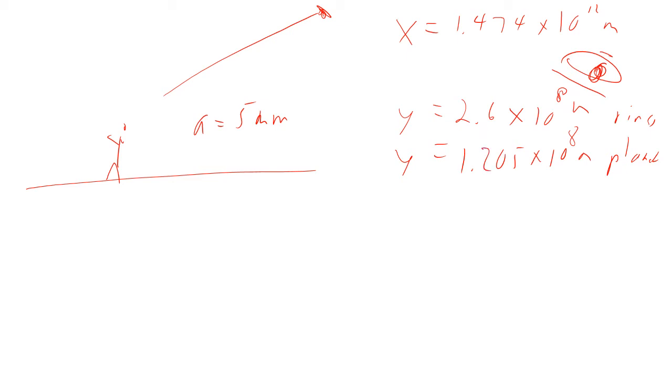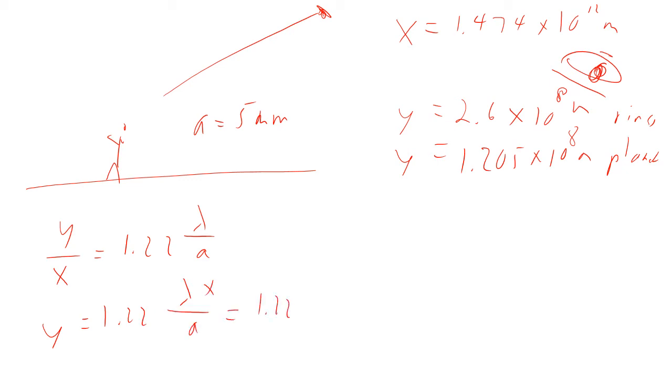So what's the smallest that you could see? The smallest thing that you could see is y over x equals 1.22 lambda over a. So the smallest you'd see is 1.22 lambda x over a.